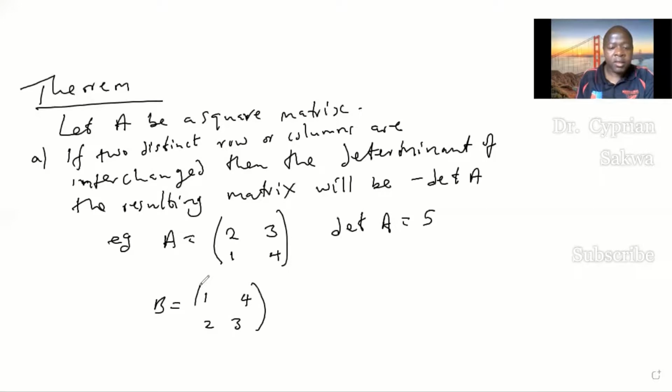And let's see what the determinant of B will be. The determinant of B will be 3 minus 8, which is negative 5. So this is what this theorem says: if I take any square matrix and interchange any two rows, then the determinant of the new matrix would be the determinant of the old matrix times negative 1. And you've seen that in this example.